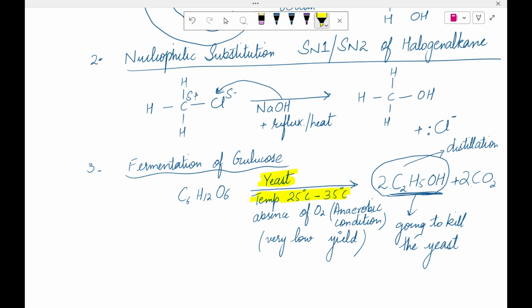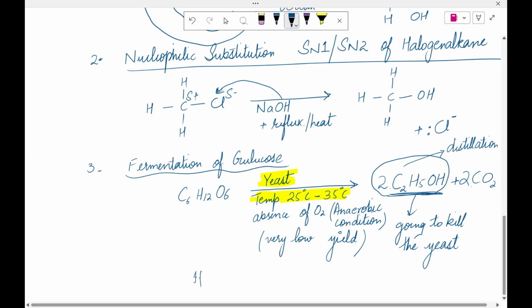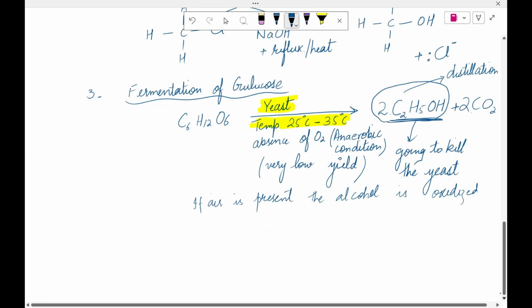Yeah. Okay. So one more important thing, what is going to happen if air is present here? If air is present, then the alcohol is basically oxidized to form carboxylic acid.